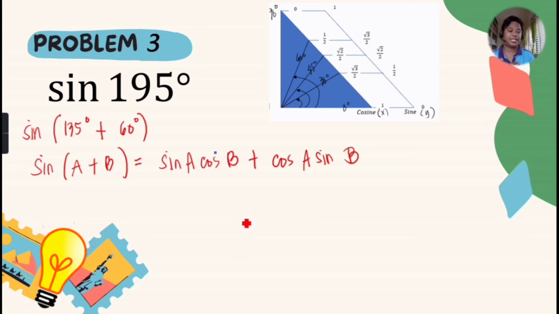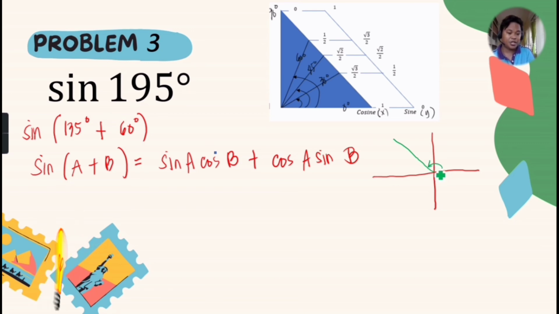So we're going to use the reference angle that I mentioned earlier. So if we're going to draw 135 degrees in a coordinate plane, its terminal side is here at the second quadrant, and its reference angle from the first quadrant is 45 degrees. So if we're going to use the values of the sine and cosine of 45 degrees, we're going to use it in 135 degrees.